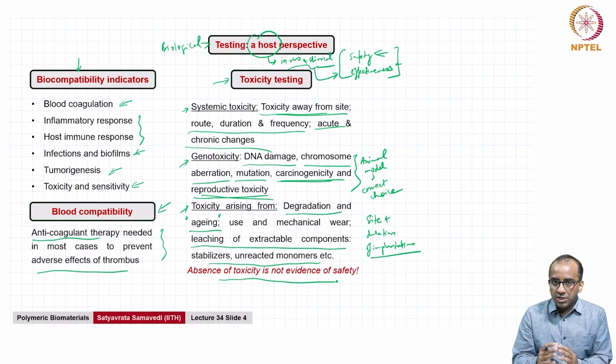Now, safety is a much broader term, and toxicity testing is typically done under controlled conditions. Even if it is in vivo or clinical, it is done under controlled conditions. Despite newer and better standards for testing today, we can't predict all the scenarios that can occur when this is eventually deployed in a patient commercially. That should suggest to you that safety has many more dimensions than just toxicity.